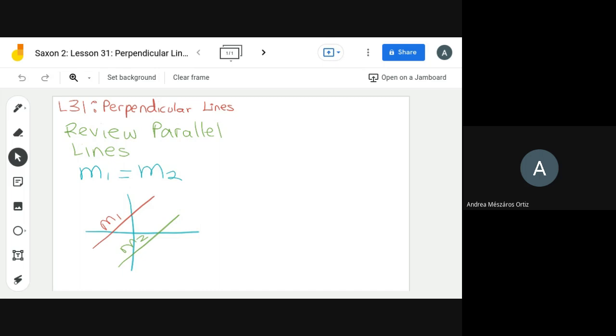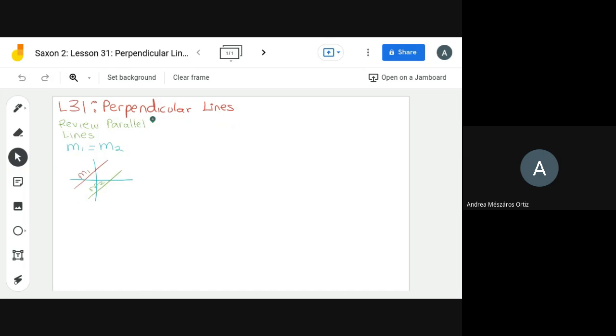Okay, so today we're going to learn about perpendicular lines. And if you guys remember, perpendicular lines are the lines that touch in one point with a 90-degree angle.